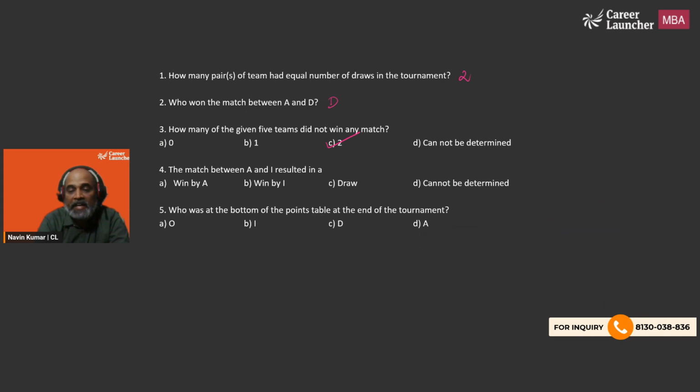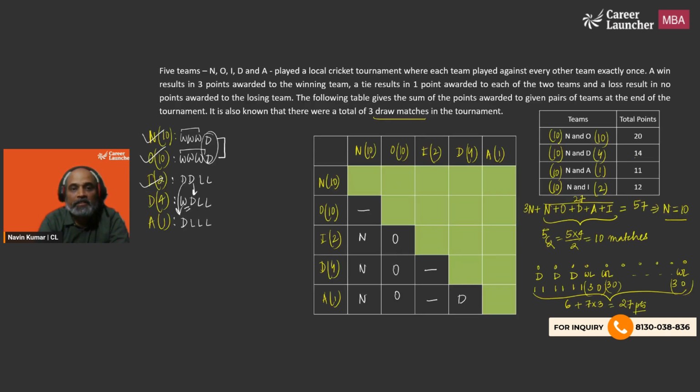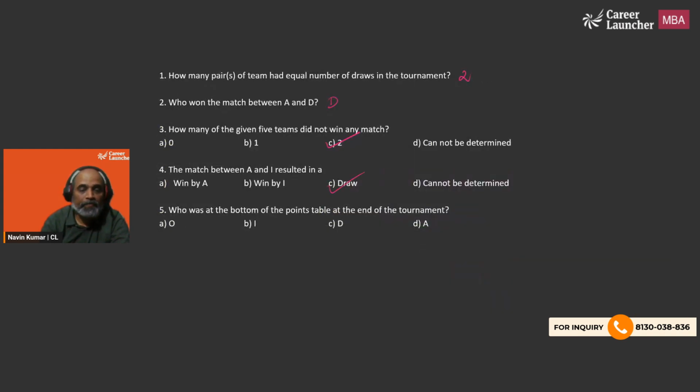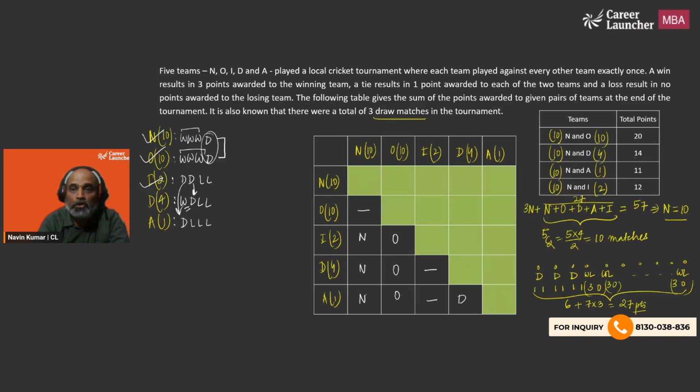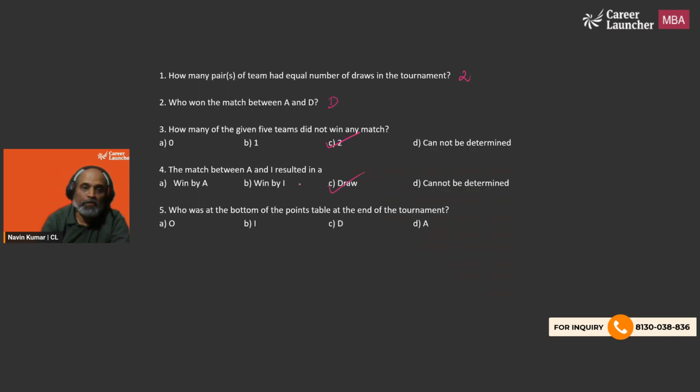Fourth, the match between A and I resulted in a draw. So between I and A, it resulted in a draw. Who was at the bottom of the points table at the end of the tournament? So the lowest point was scored by A. So A was at the bottom of the table at the end of the tournament.